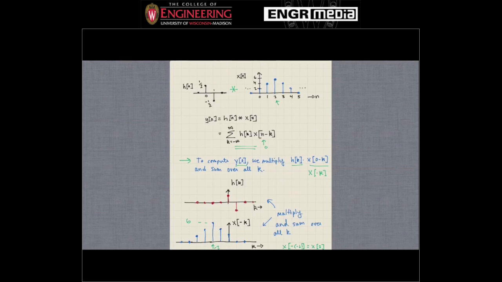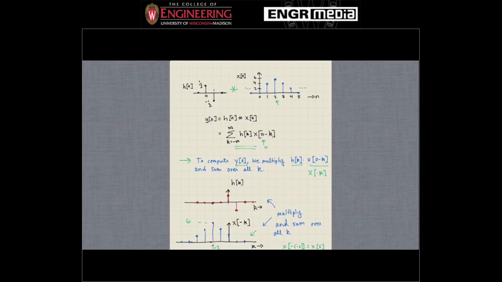If we were evaluating, say, x of plus 7, then we'd really be evaluating x of minus 7, and so that has the effect that it flips things. An example here would be, say, if we want to find out on this plot what is the value when k equals 2? Well, that should be x of minus 2.